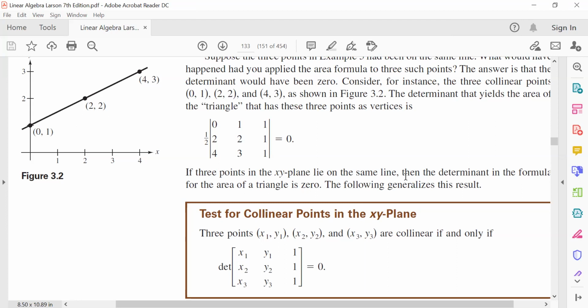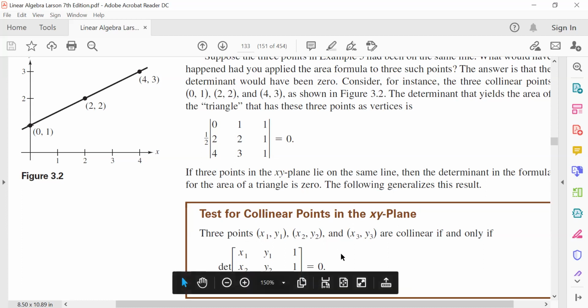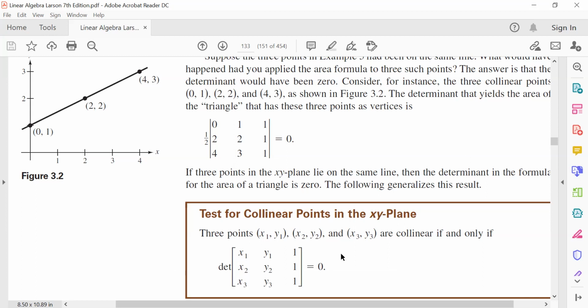But wait a second. Suppose I had in this formula my x1, y1, that's a random point, x2, y2, that's a random point. And on the bottom row, instead of having x3, y3, I just have a plain x and a plain y. Now, what's the difference? x3, y3 are constants. That's just the third point. But what if, instead of a constant, I put the variable x, the variable y?